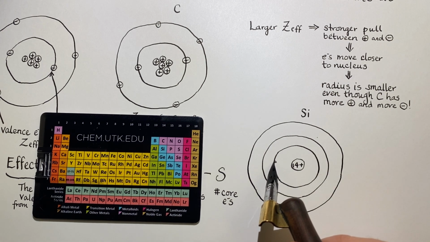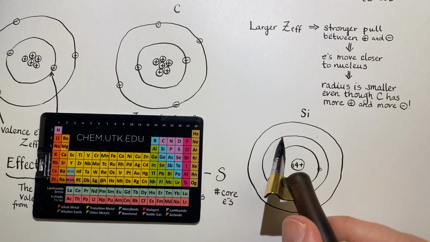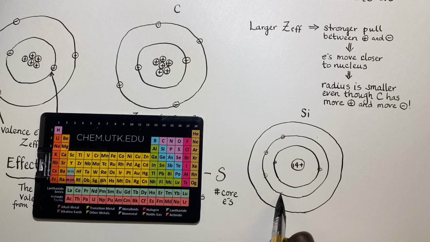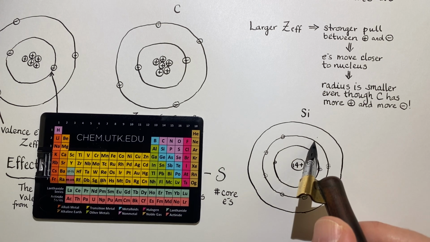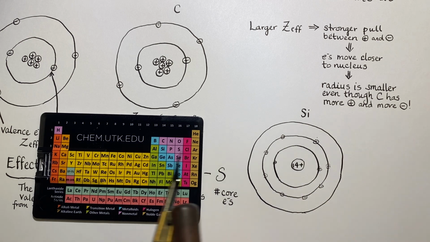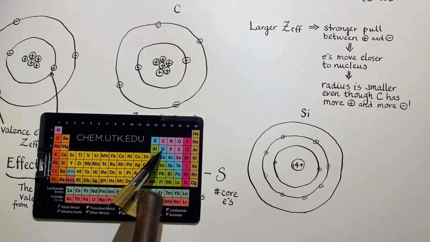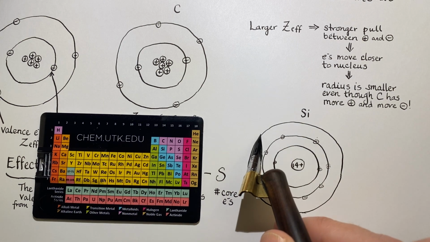So if we wanted to put in our electrons, we could, and there would be 8 here, right? And then the 4 electrons that we have for silicon would be out here.